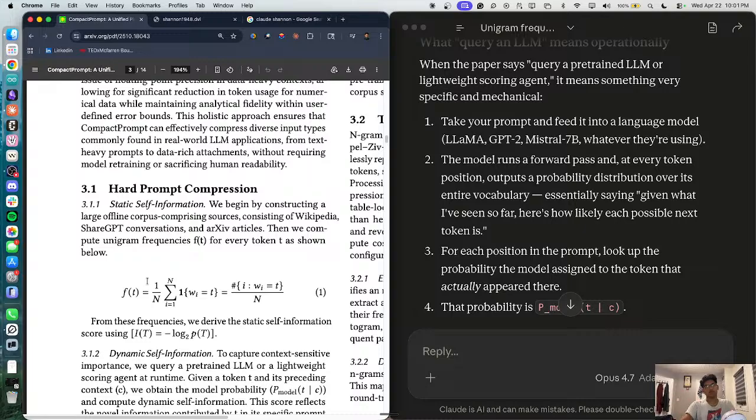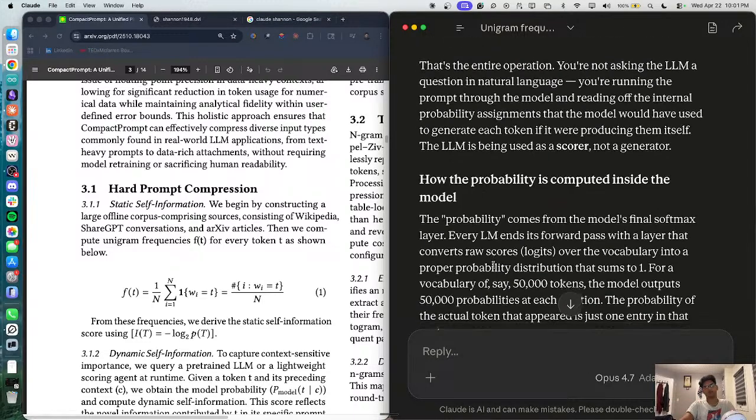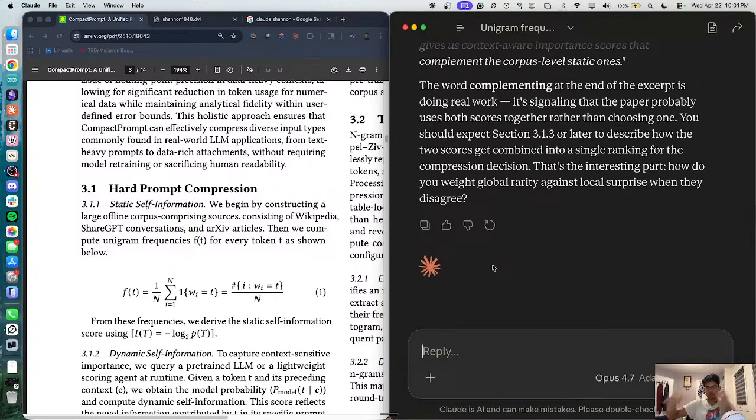And actually, now that we're at it, sorry, I get a lot of impulsive thoughts, but one thing worth mentioning is: is the self-information score given by a dynamic self-information mechanism representing the same thing that a static self-information system would give?